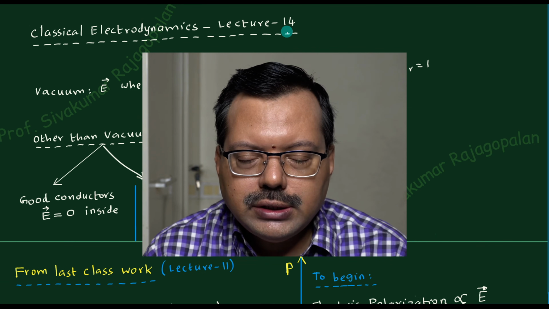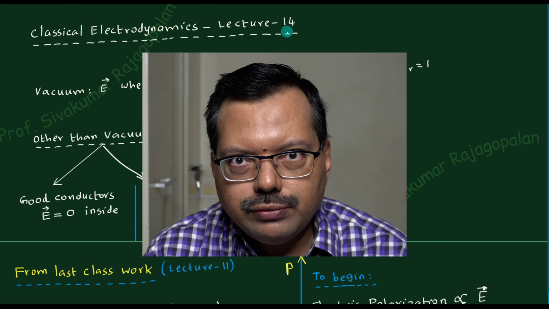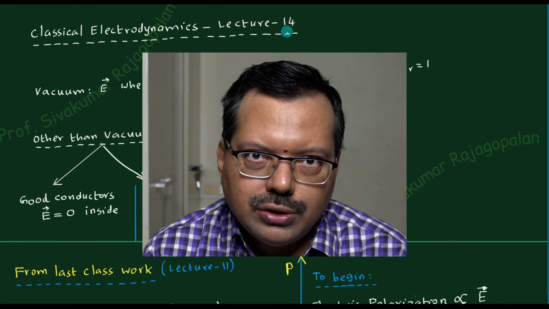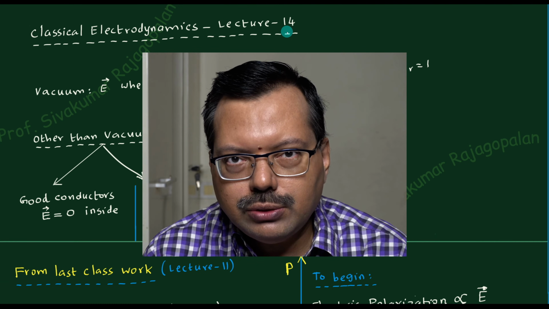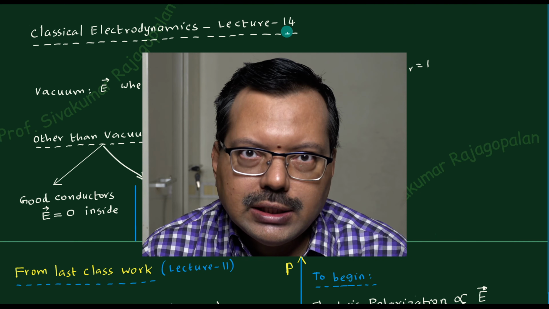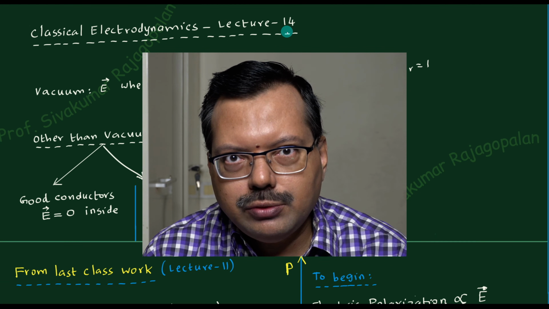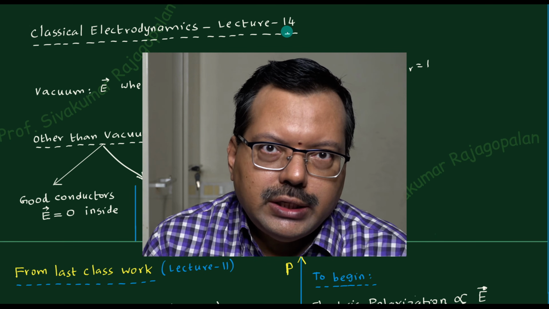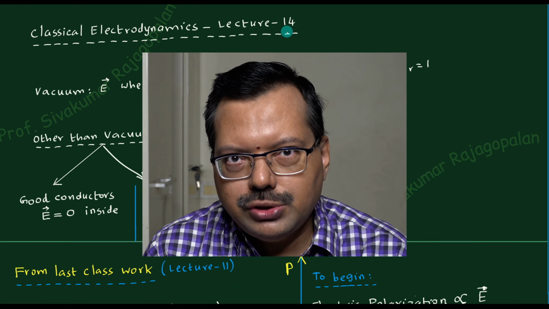Therefore, we are interested to know what could be the behavior of the electric field at the interface of two dielectric media. That could be the starting point for today's classwork. Today we are going to discuss whether there is any relation between the bound surface charge density and the bound volume charge density.